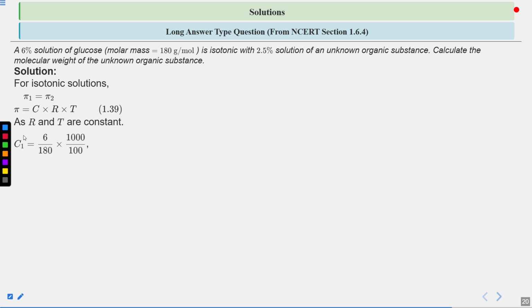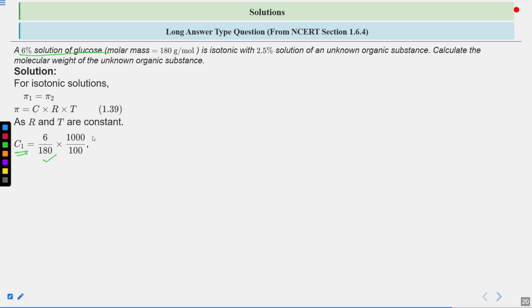So C1, the concentration of the first solution, which is given as a 6% solution of glucose, is 6 divided by 180 multiplied by 1000 divided by 100. Now how do we do this? Concentration is the molarity, the number of moles upon the volume of solution, and a 6% solution of glucose means 6 grams of glucose in 100 grams of the solution.